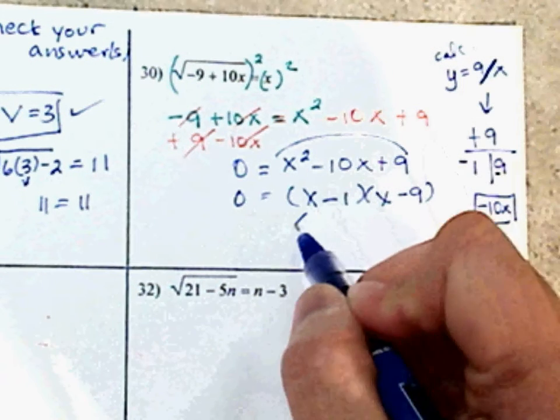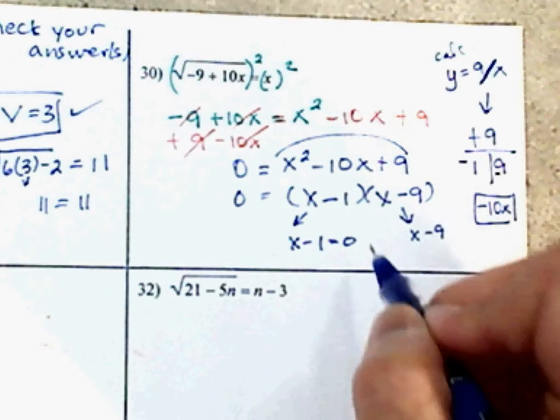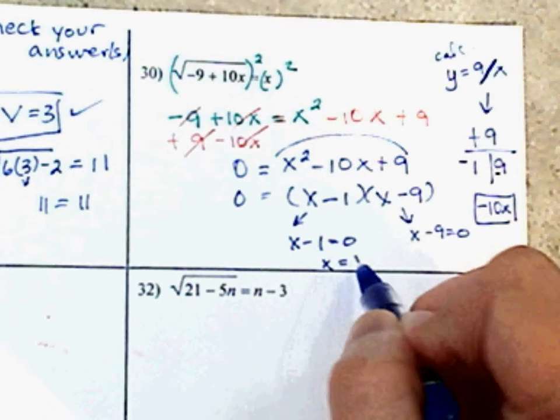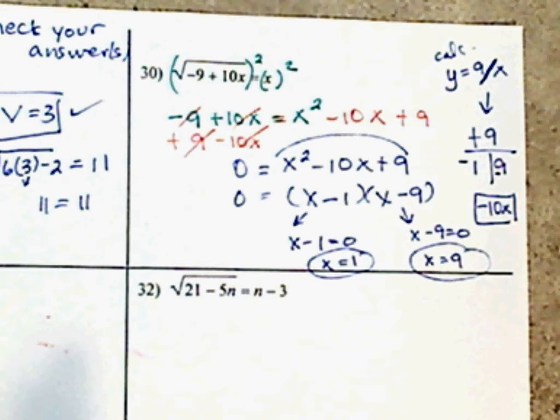So I'm going to set this one equal to 0, set this one equal to 0, and solve. So x is equal to 1, x is equal to 9. Okay? Everyone good? Next part. You got to check. Don't forget to check.